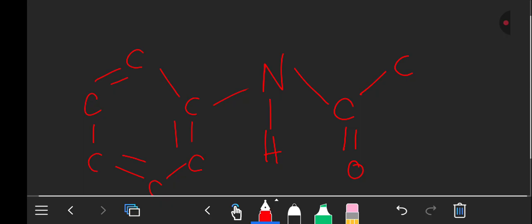Now we are asked to determine the total number of sigma bonds, the pi bonds, and also the hybridization of carbon, nitrogen, and oxygen. Yes, so now let's identify the number of sigma bonds. So the first thing you must do here is to complete the octet rule.